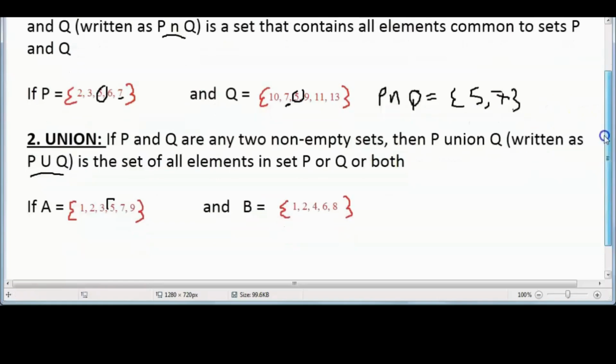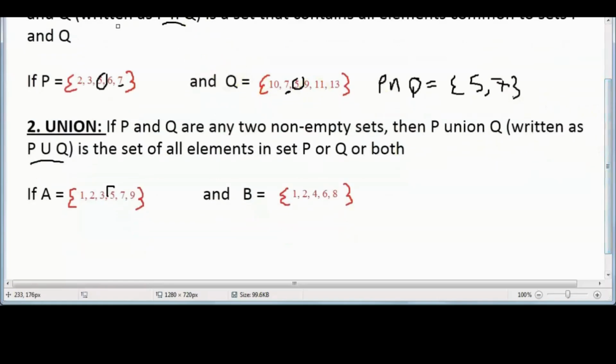Example, if A equals to 1, 2, 3, 5, 7, 9 and B equals to 1, 2, 4, 6, 8, let's see what happens.